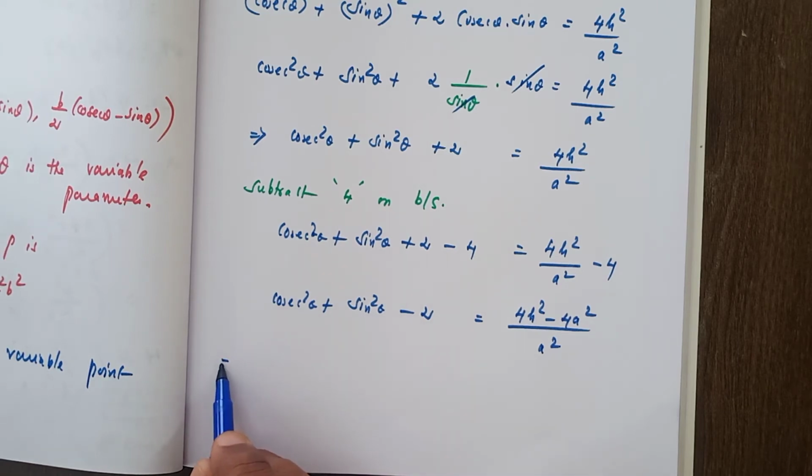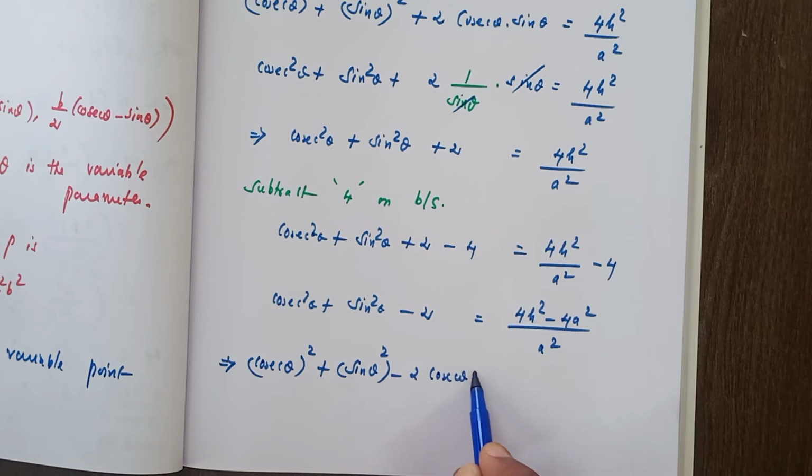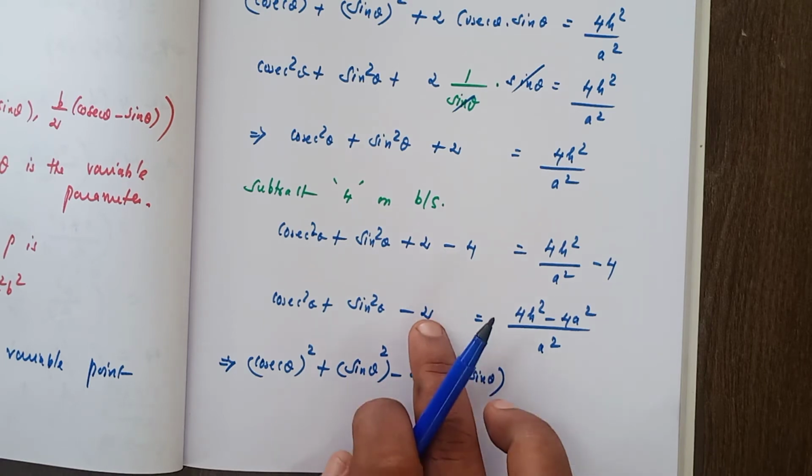One more step: this is cosecant theta the whole square, sin square theta is sin theta the whole square, minus 2 into cosecant theta into sin theta, because cosecant theta into sin theta is equal to 1, since cosecant theta is 1 by sin theta and sin gets cancelled. So 2 into cosecant theta into sin theta is equal to 2.